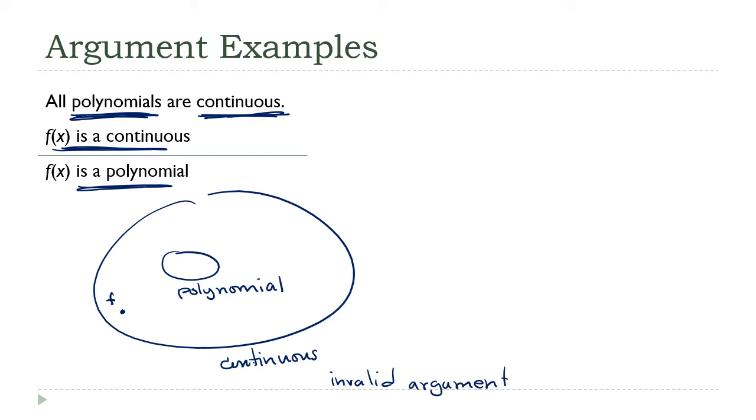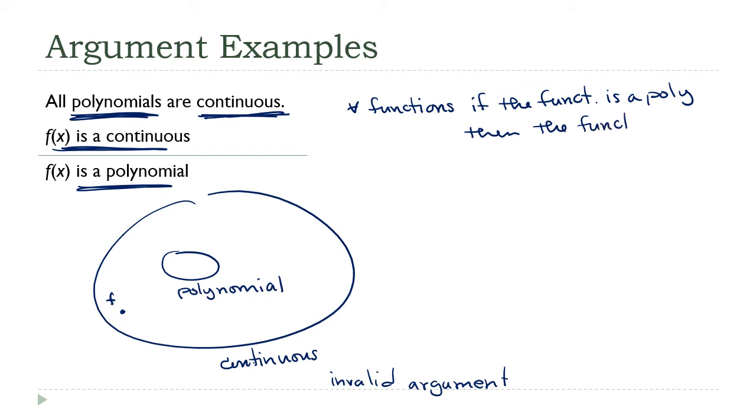So again, if I want to rewrite this, thinking of this in a logical form, I could say if f is a function. Now, we want to make this look like a universal conditional statement, right? So say for all functions, if the function is a polynomial, that's going to be p, then the function is continuous.